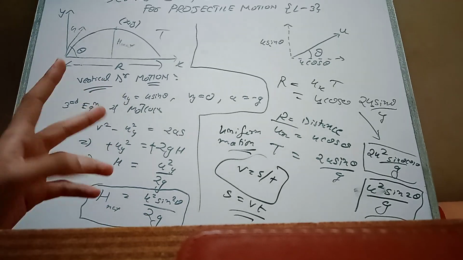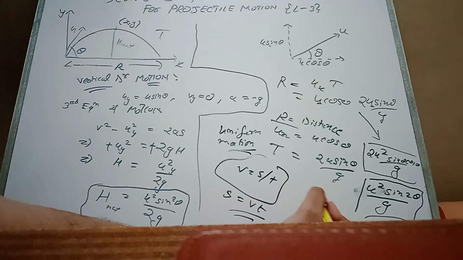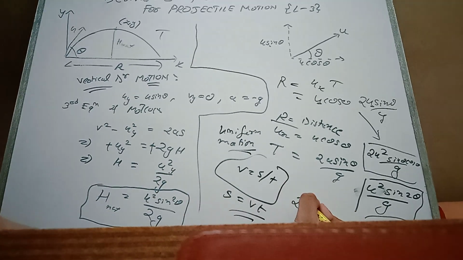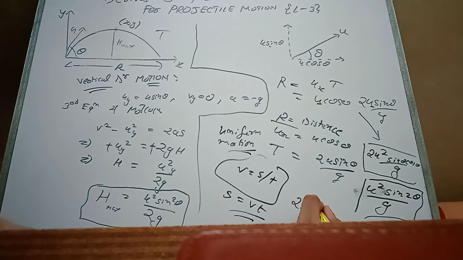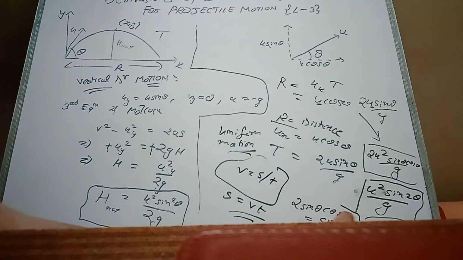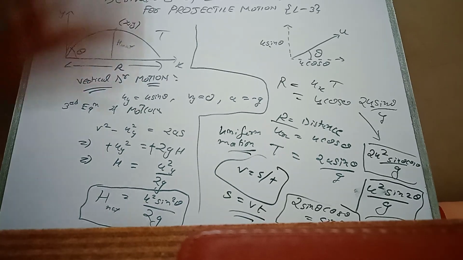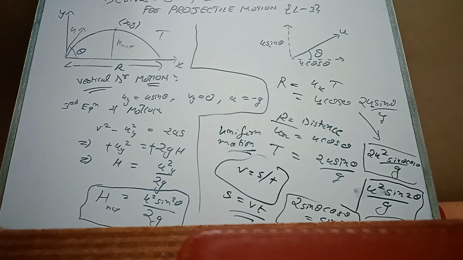It depends on the question, what is given and what is not given. And you have to remember the trigonometric formula: 2 sin theta cos theta is sin 2 theta. Yes, this is the whole derivation for time of flight, maximum height, and maximum range.